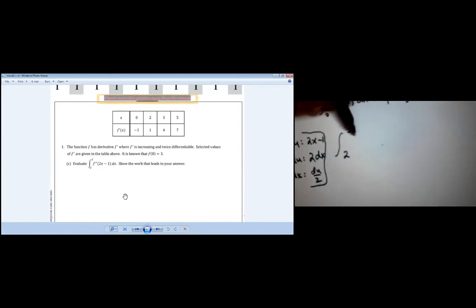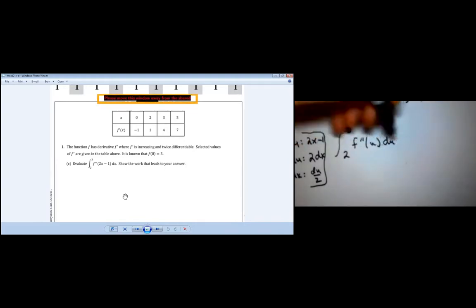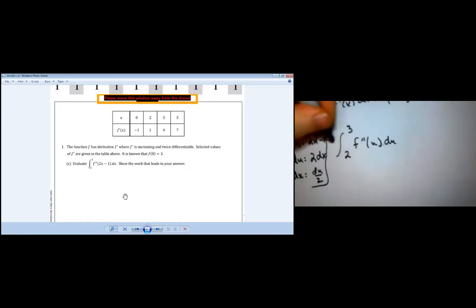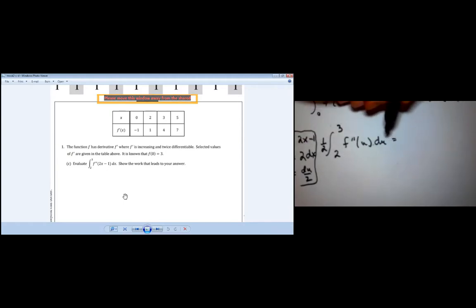So that would be f double prime of u du over 2, but we've done so many of these now that you should just be comfortable making that a 1/2 out front. And now you're ready to integrate. If we integrate f double prime of u, we're going to get f prime of u.